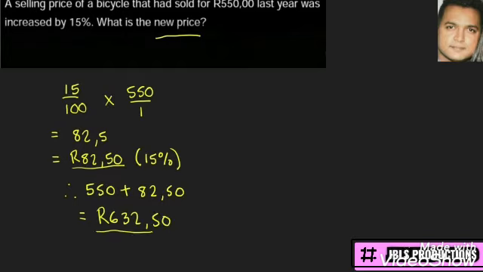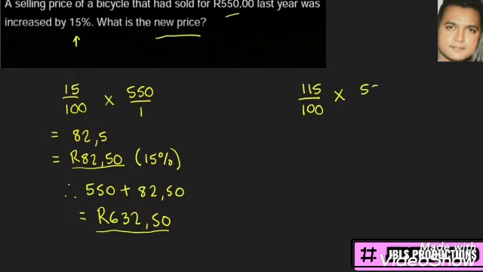Now that's one approach. The other approach that your educators may have taught you is that the 15% that's indicated here in the story, we add it to the 100%. So we are saying it will be 150 over 100. So 100 over 100 would actually be the original price of the item, and adding the 15% on the top would show that this amount will be increased when we do the calculations.